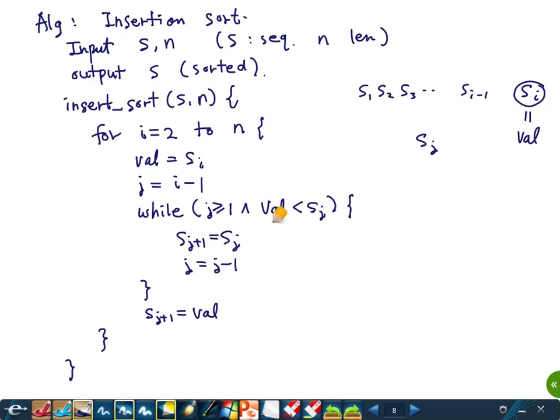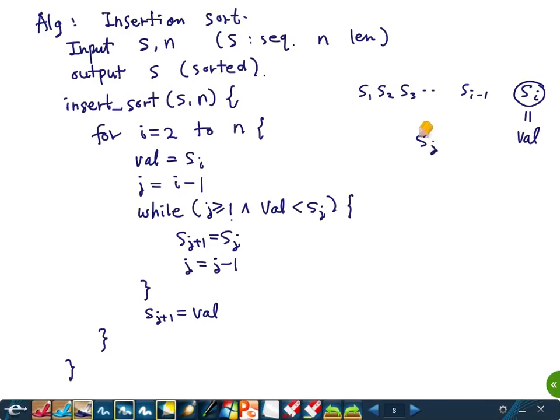All right. So what does this mean? j is greater than or equal to 1. That means we are comparing some number here, not S0 or S minus 1. They are outside of this range, right? So this must obviously be the case. If val is less than Sj, what does that mean? We cannot place this after this because this is bigger.